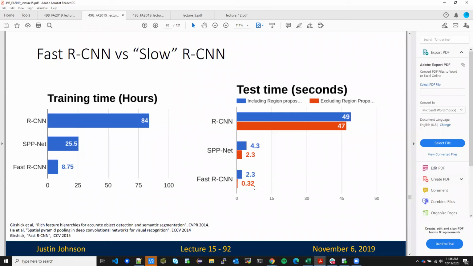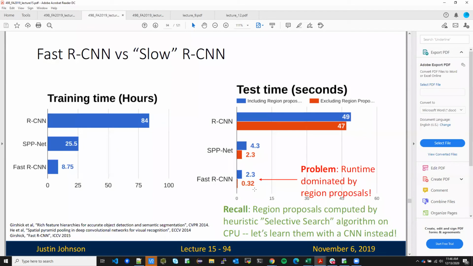Maybe they didn't have creative names. So so far we are doing region proposals with selective search. So now why don't we learn them with a CNN and not rely on traditional image processing methods?